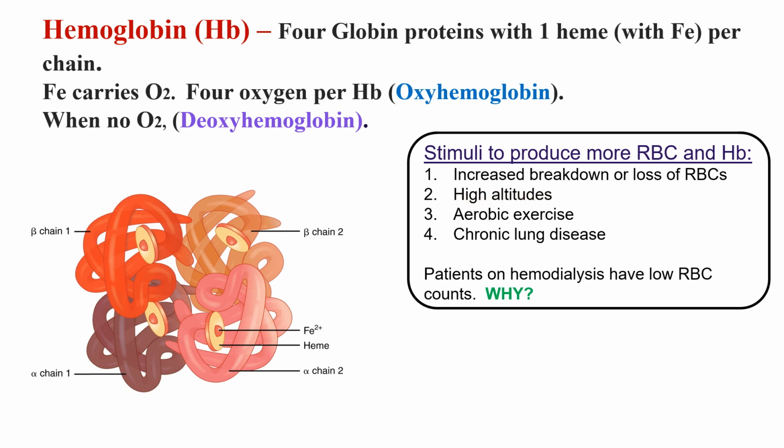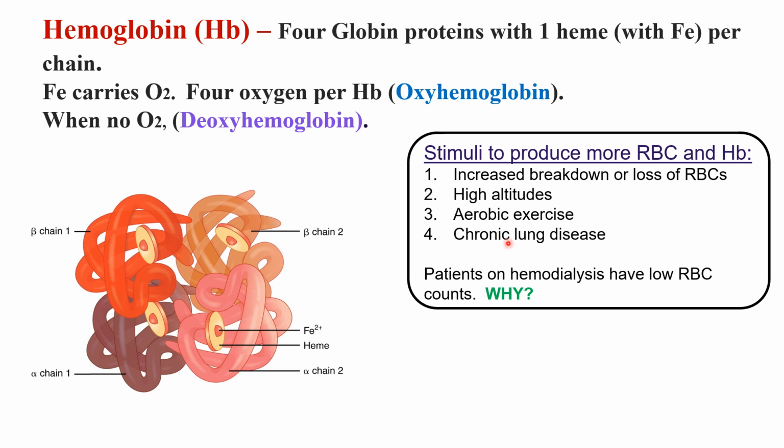So you just make more red blood cells. Persistent aerobic exercise regimens, where increased metabolic need is present, will stimulate development of additional red blood cells with hemoglobin.